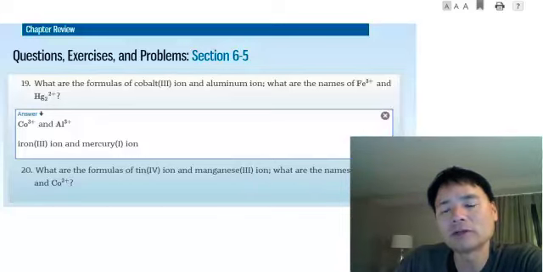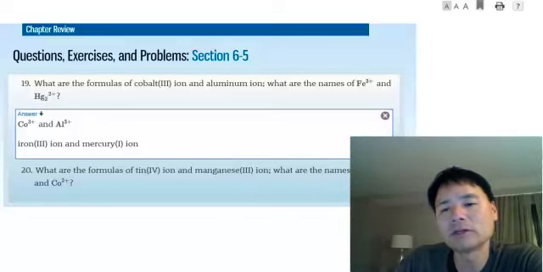Pb is a variable charge, it's a 2,4 ion, so this would be lead-2 ion, or plumbous ion. And then cobalt. Cobalt is a 2,3, and so this is the 2, which is lower charge, and so this would be cobalt, Roman numeral 2, in parentheses, or cobaltous, ion.